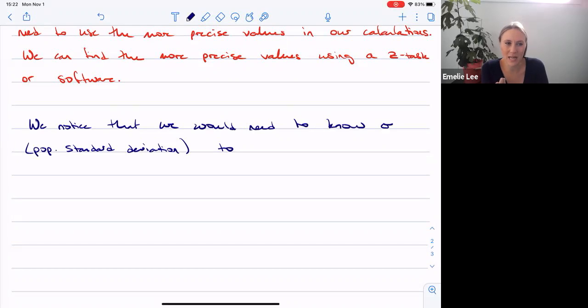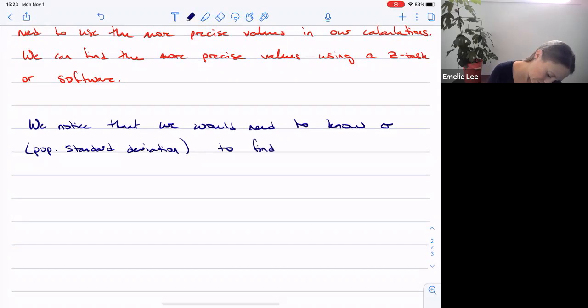That doesn't really make sense, because if you know what the population standard deviation is, then why don't you know what the population mean is? And so that's not a realistic scenario. And so that's the problem that we've been talking about, right? So we noticed that we would need to know sigma to find the standard error of X bar.